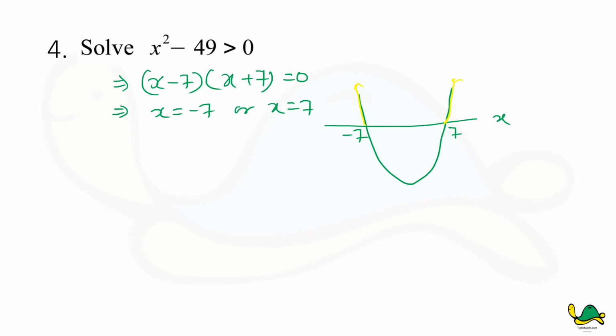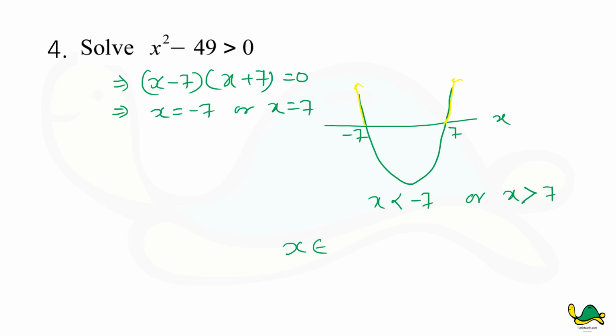Now let's see. It means that either my x is less than negative 7. Look at this, it only says greater than, so I am only using this symbol. I am not equating it to the endpoints. Or x is greater than 7. Now I will write them together.